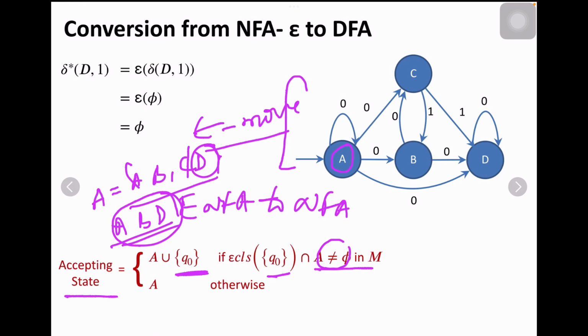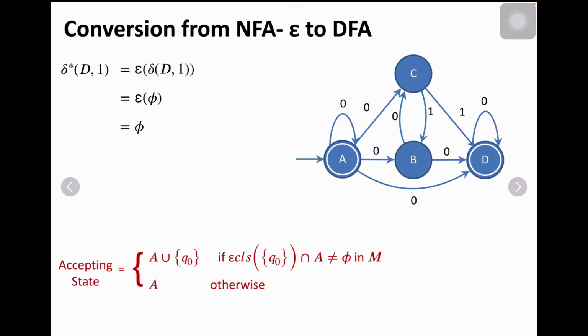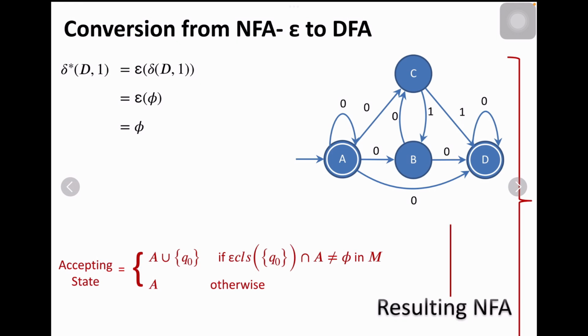Since D is a final state of the given epsilon-NFA, then A is also a final state. So once you understand this, this will be the final resulting NFA.